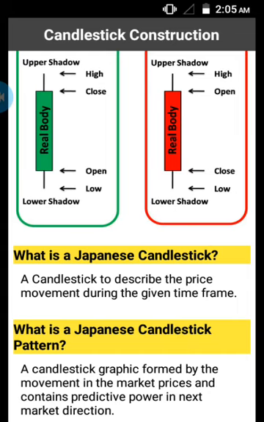Now, as we all know, stock trading started in Europe. As the rice merchants were traveling to Europe, and the Europeans were traveling to Asia, they adopted this measurement and this style of price action, and they took that candlestick system.